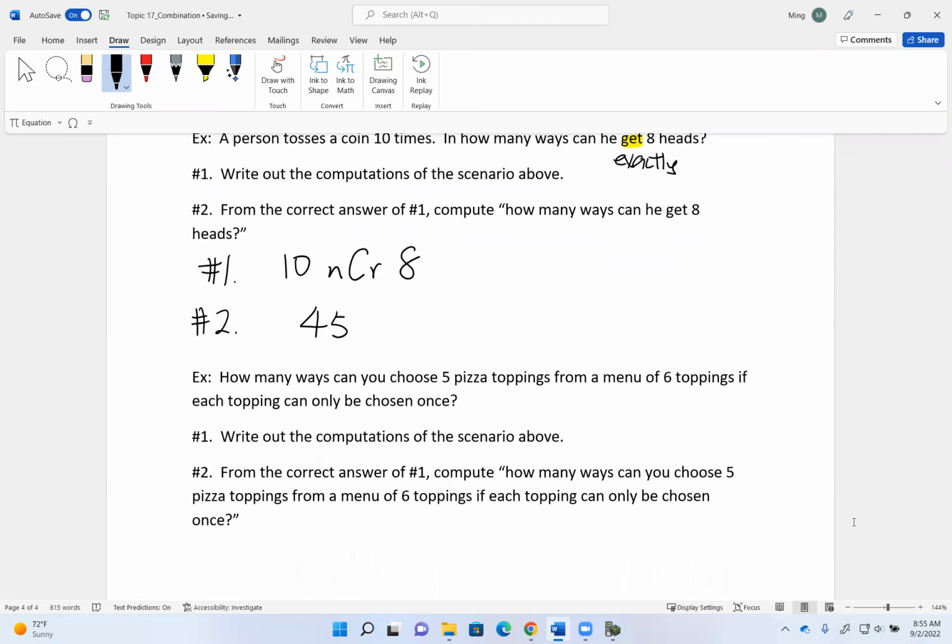Okay, now is the pizza example a perfect one? Okay, does it really? Okay, so let's say in how many ways can you choose 5 pizza toppings? Okay, this question is a little bit different than the previous one I did before. Let me flip back on my handouts here. I think back in topic 15, there was a problem regarding a substation consisting of a drink, sandwich, and a bag of chips.